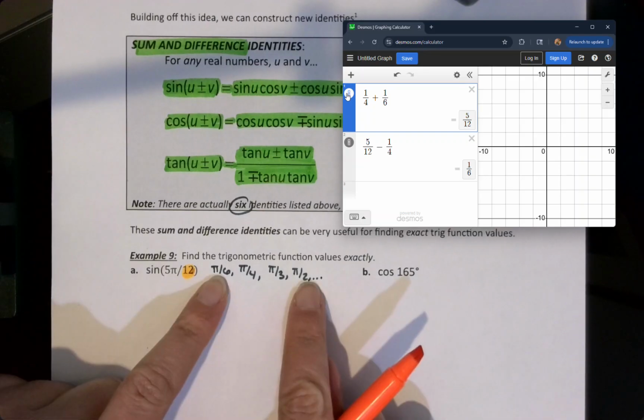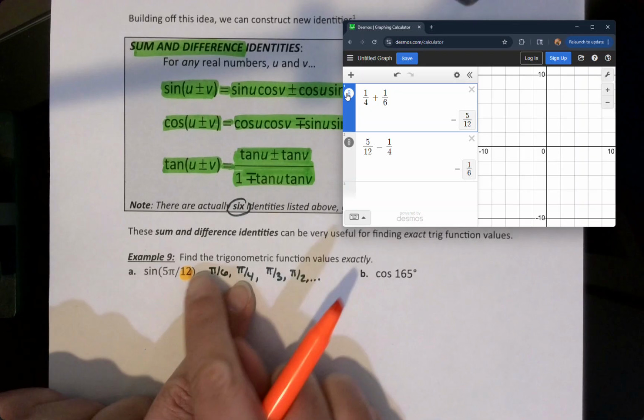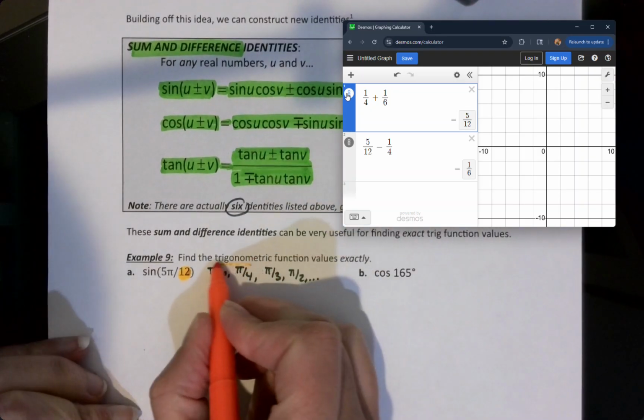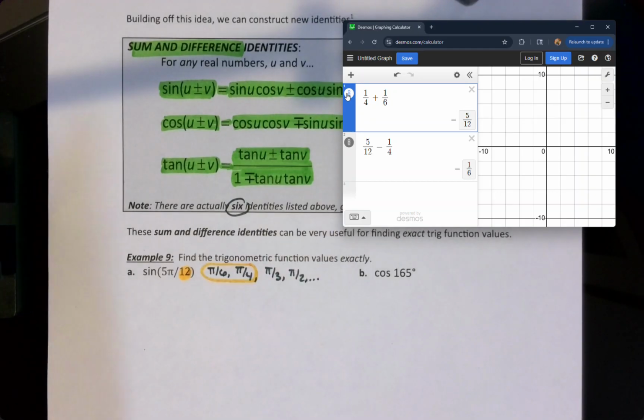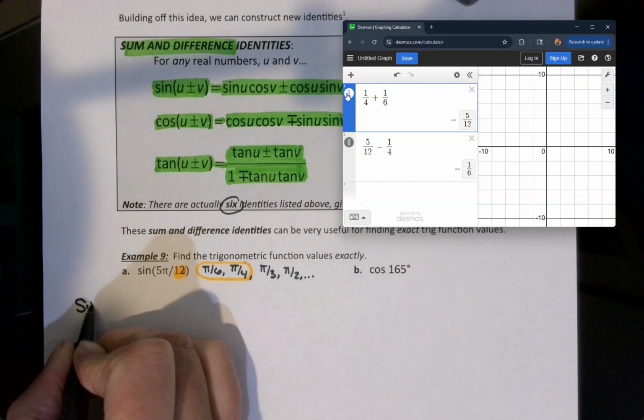Now I'm going to write the sine of 5 pi over 12 as the sine of pi over 6 plus pi over 4. And we are going to use the sum identity to separate this into the sine of u.